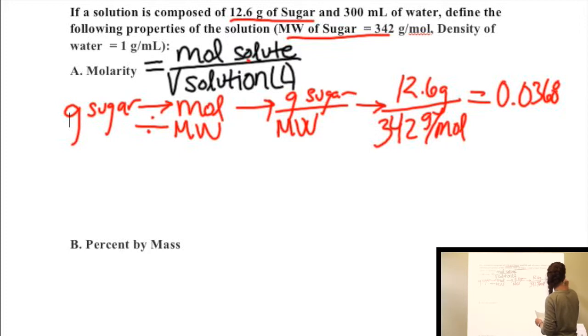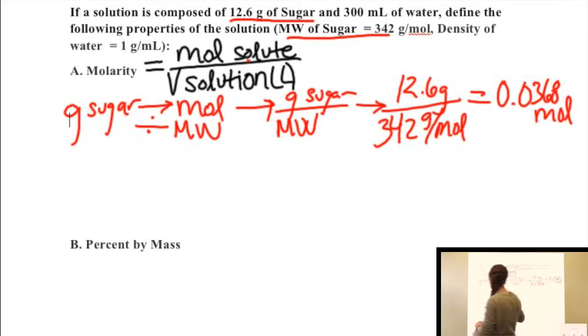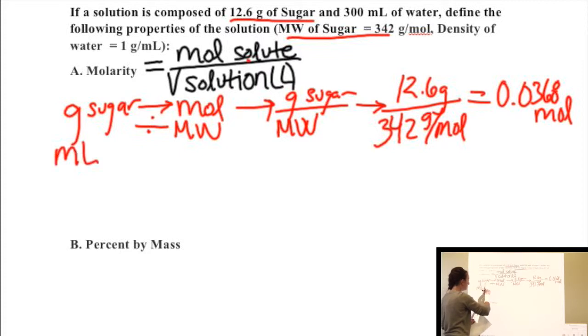Now the next thing is to simply plug that back into our equation up here, but first we have to find the volume of our solution, specifically in liters. So the way we do that is to simply convert from milliliters to liters by dividing by 1,000.